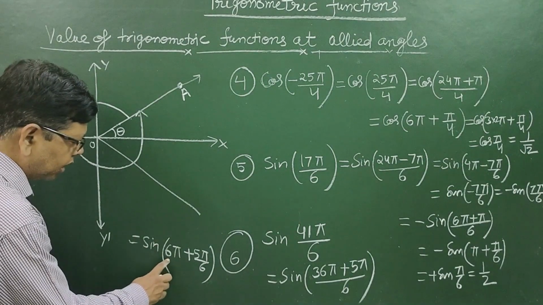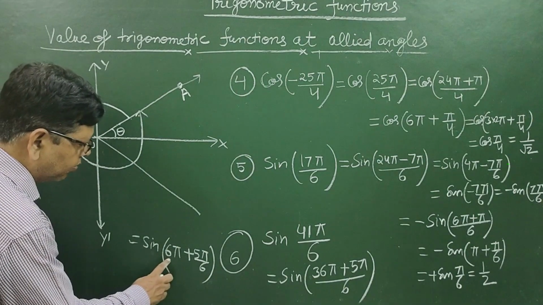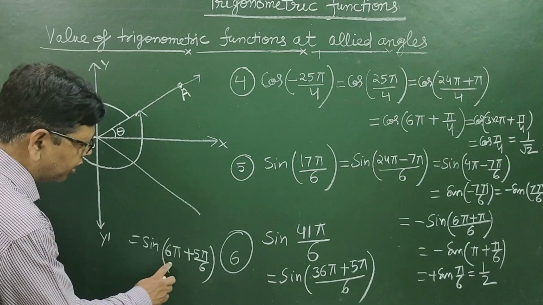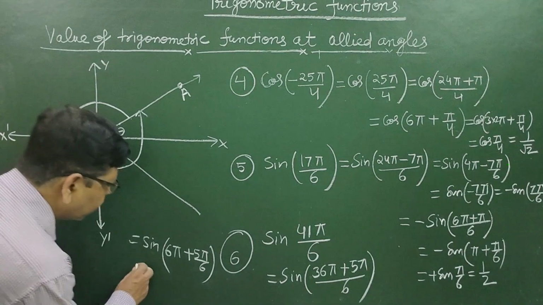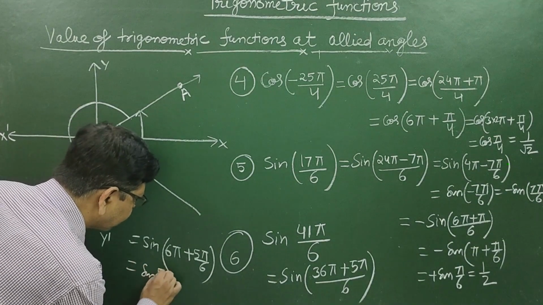Sine n into 2 pi means you can add, 6 pi is 3 into 2 pi, 3 rotations of 2 pi radians. This will be equal to sine 5 pi upon 6.